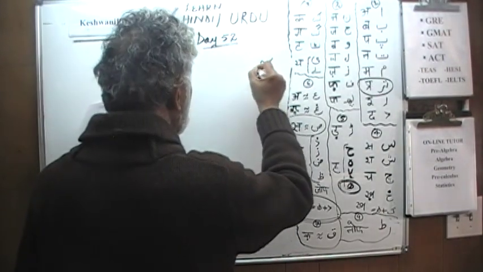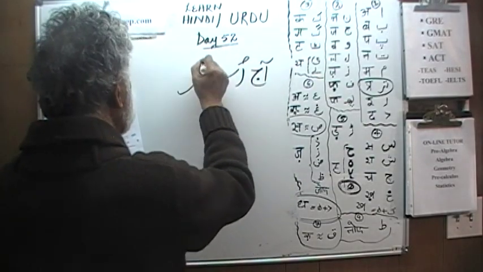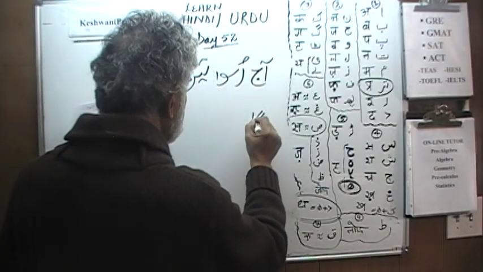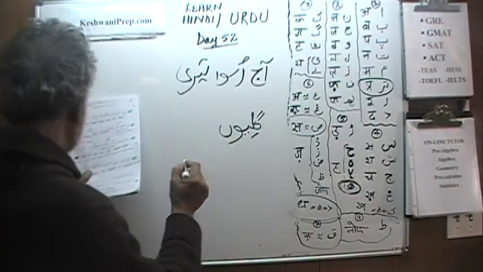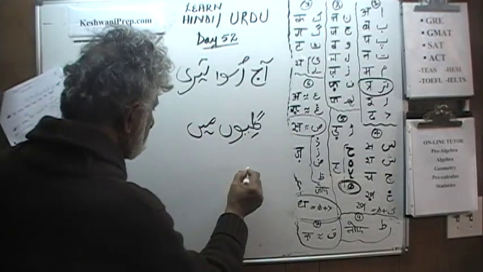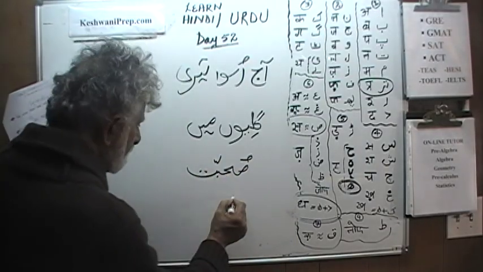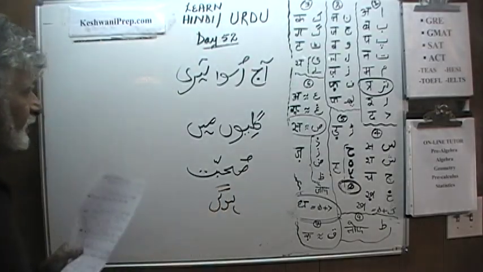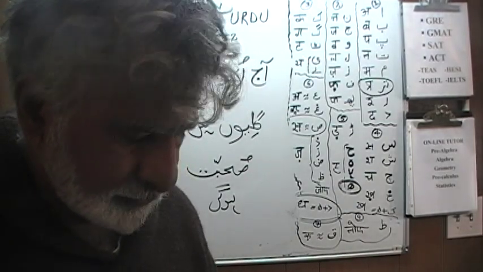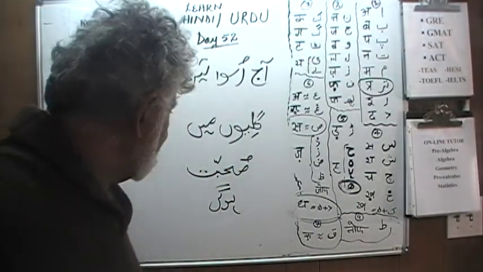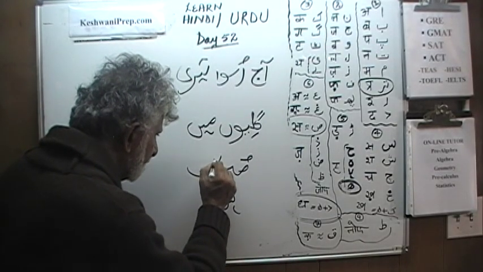Aaj ruswa, aaj ruswa teri galiyon mein mohabbat hogi. So you can see what freehand writing looks like when you're writing without really caring much. Mohabbat, that's a ba. I made a very small ba inadvertently, but there is a ba there, with the tashdid on top.